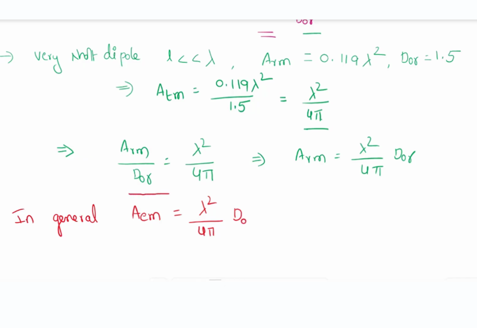AEM is maximum effective aperture, D naught is maximum directivity. This is the exact relation between effective aperture and directivity.